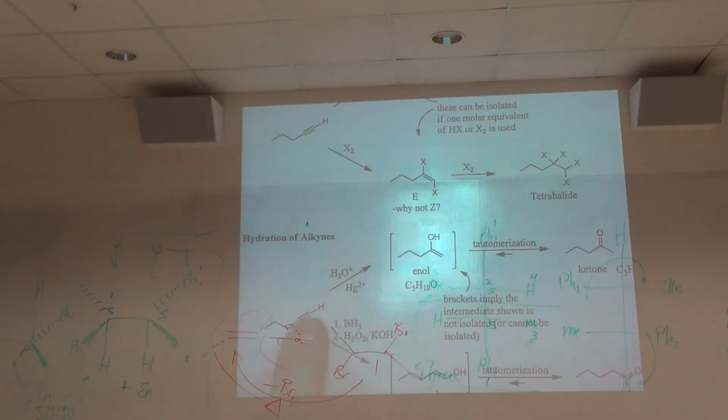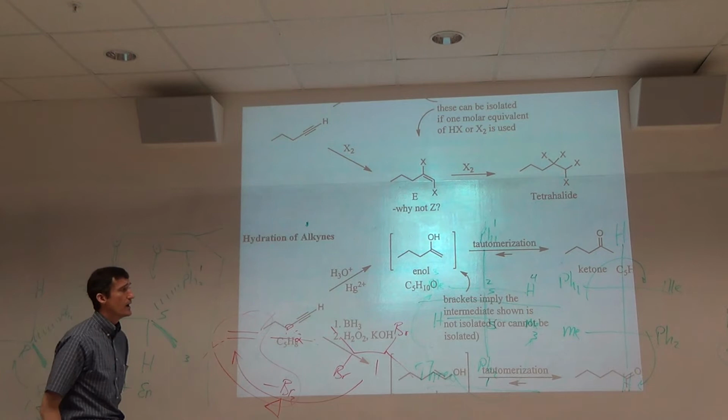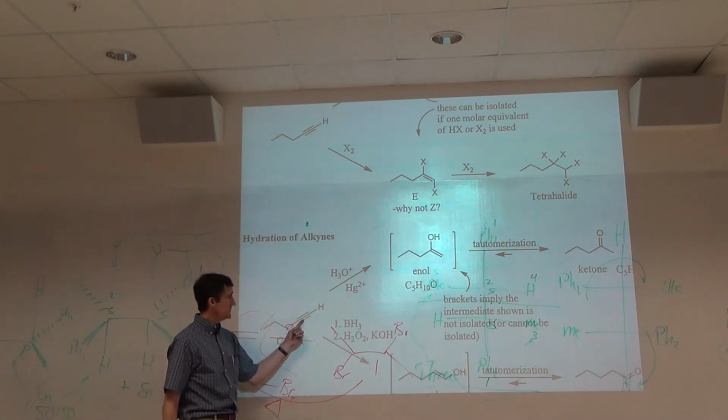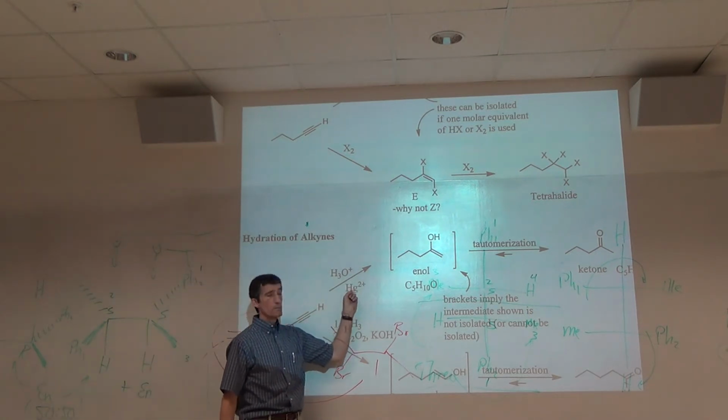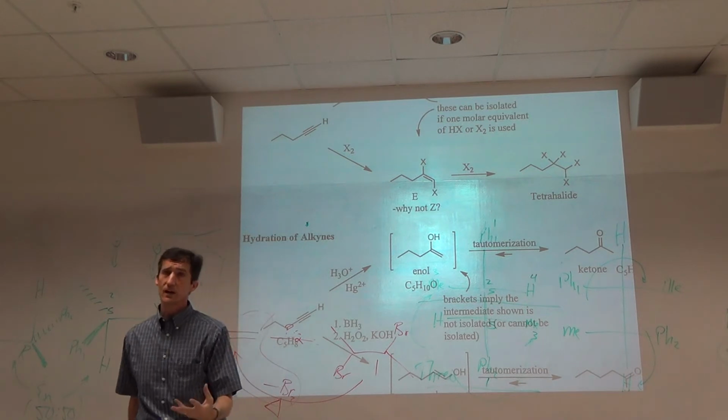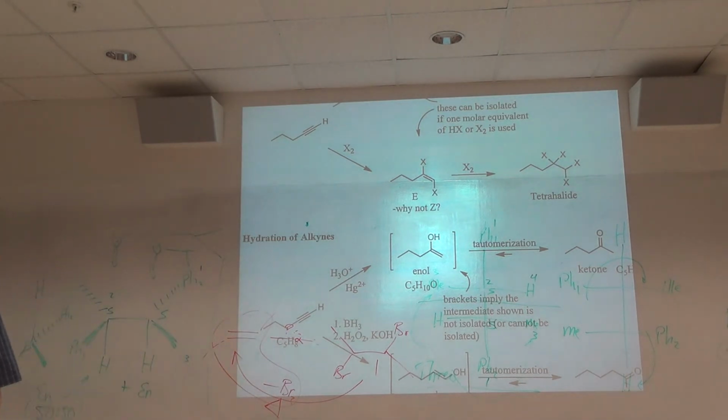With alkynes, you typically include a mercury catalyst. It's not absolutely required, but it's historically required, and you'll see it in the textbook. Actually, in lab, you're going to hydrate an alkyne, but you're not going to use mercury. It's a little toxic. You've developed a hydration that doesn't need mercury.